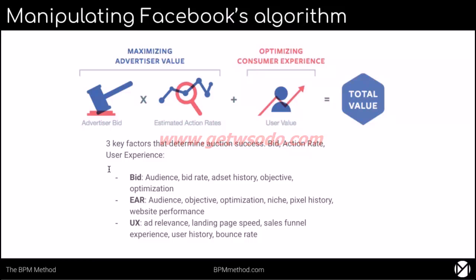Then estimated action rate, EAR, is concerned with what Facebook sees as the likelihood of a user taking action based on what you have told Facebook that you want. Here's the thing, and this is something I don't think people understand when it comes to stability and how the actual auction works.